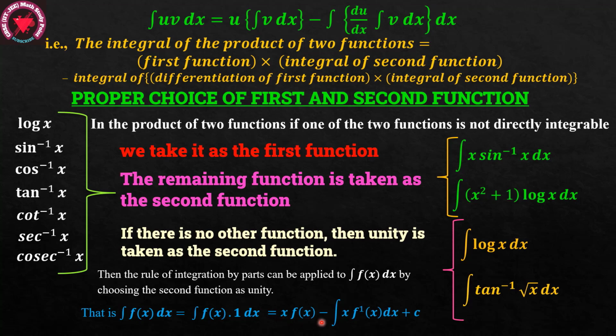So x into f of x minus integral of the derivative of the first function, f dash x, into integral of 1, which is x, dx plus c. So in the given integrand, if we have only one function like log x or an inverse trigonometric function, the second function we have to take as unity.